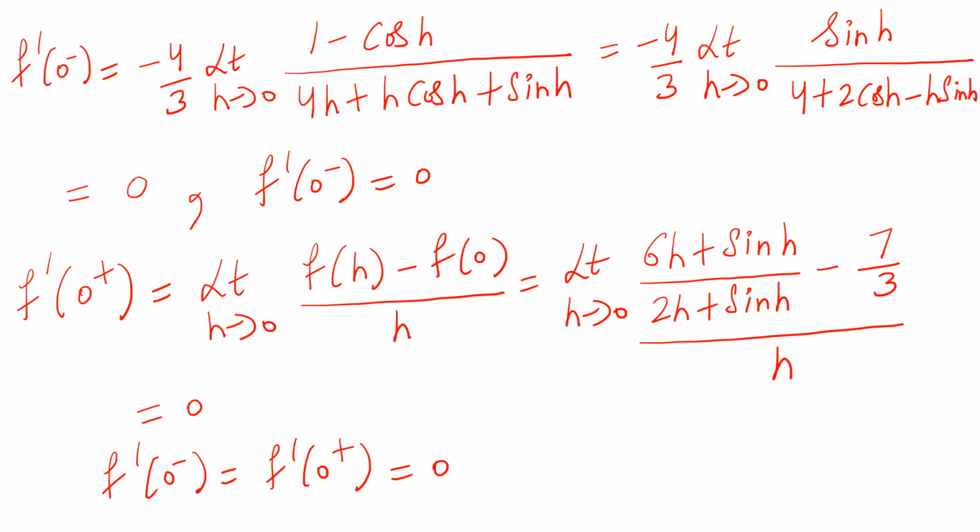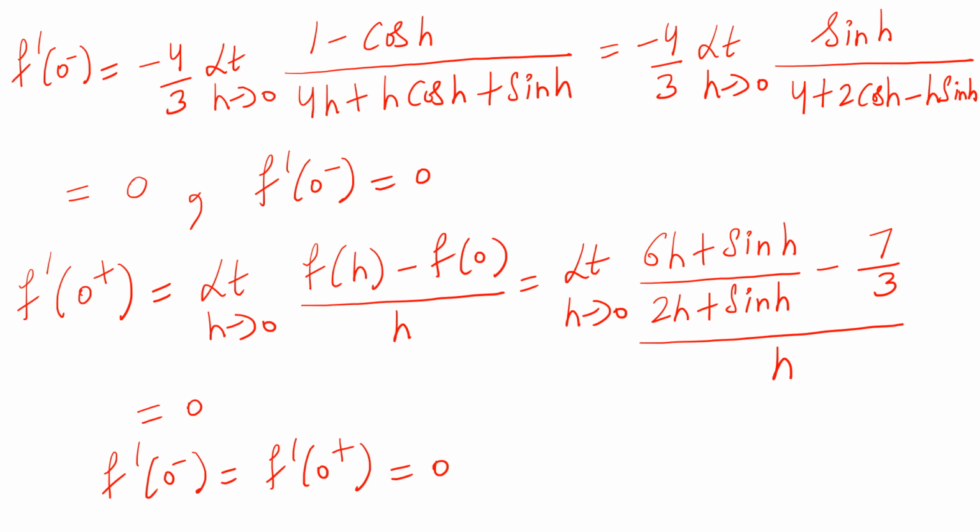That means the function f of x is differentiable at x equal to 0 and its derivative at this point is equal to 0. Now students, to further ensure whether it is local minima or local maxima at this point for the function f of x, we will find f dash x when x is not equal to 0 and use first derivative test.